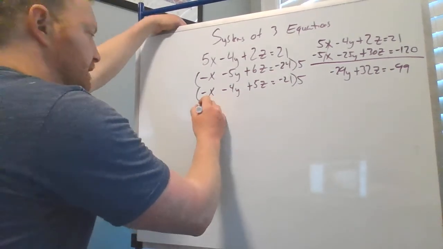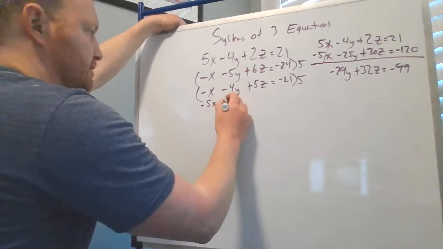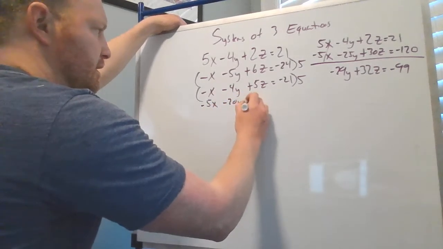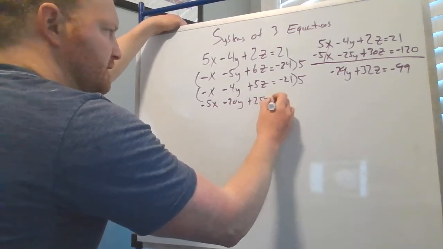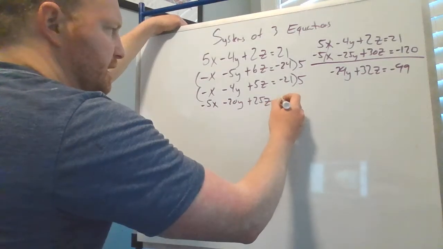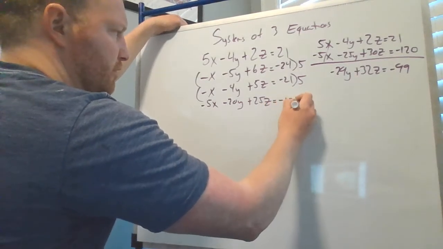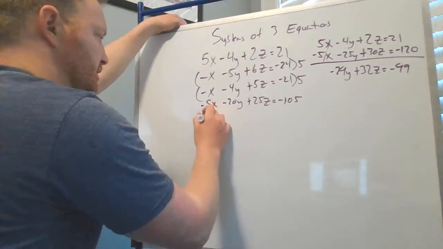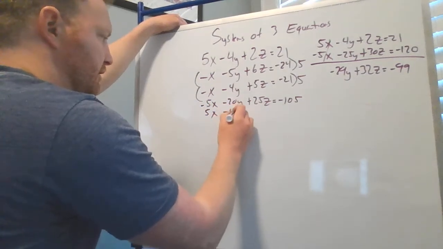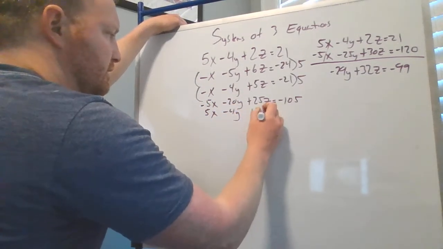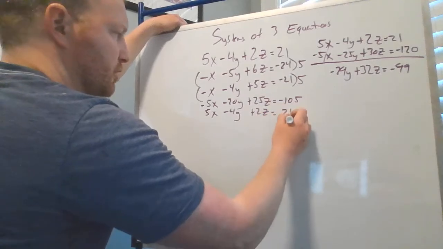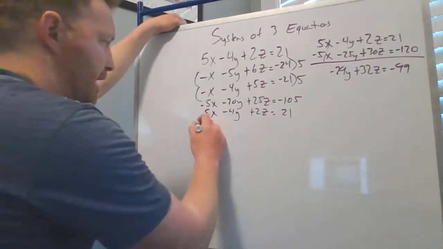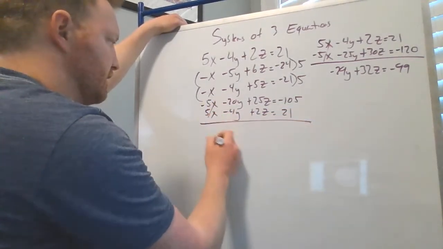So now I got negative 5x minus 20y plus 25z equals negative 105. And now remember, just to do this, follow suit, negative 4y plus 2z equals 21. And we add them up, and these cancel, mission accomplished.